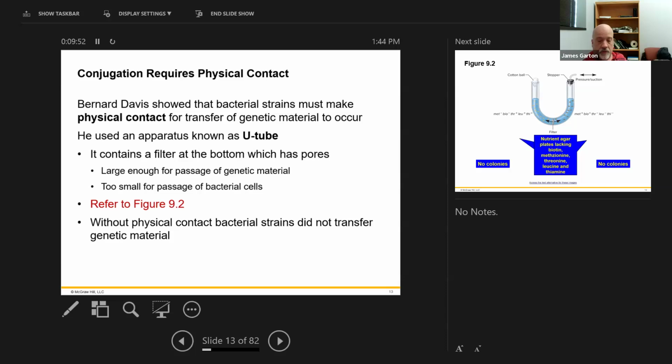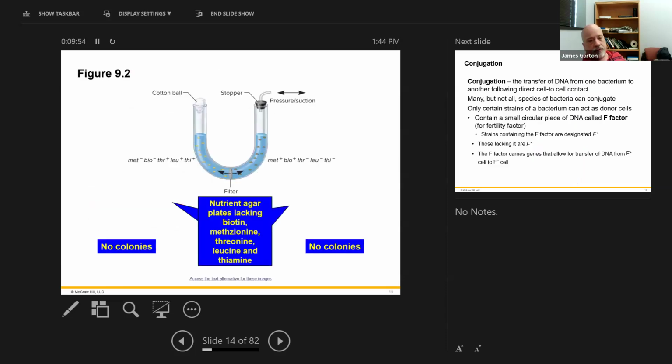And so Davis had these two auxotrophic strains in a U tube, but the two halves were separated by a filter. And the pores of this filter didn't allow bacterial cells to go through. It would allow the liquid, and it would allow anything smaller than a bacterium that was in the liquid to go through.